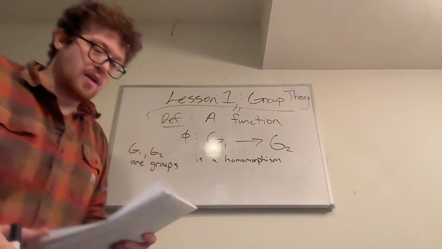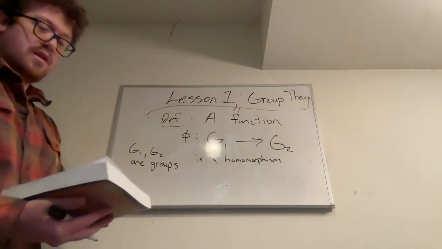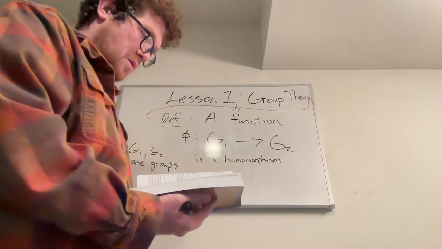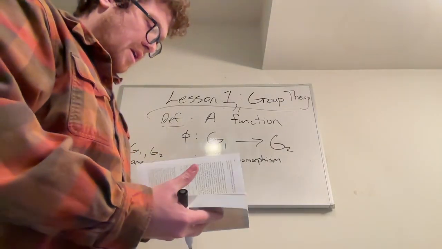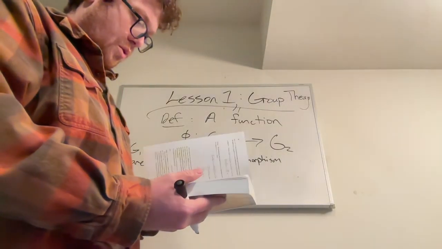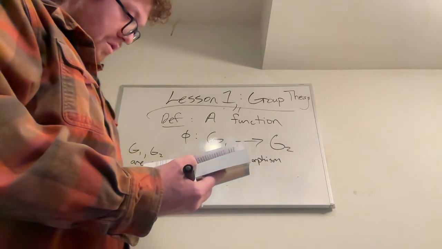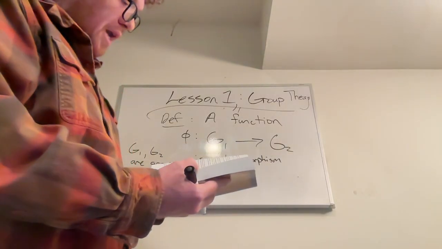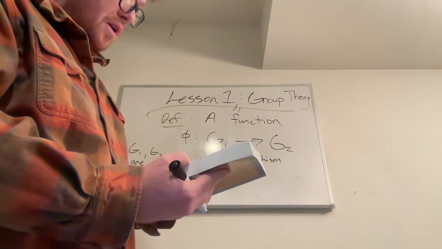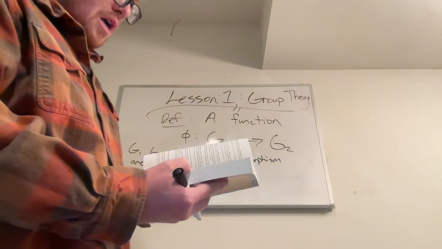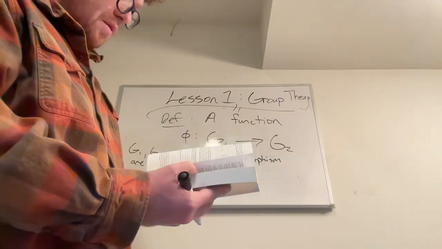Actually, let me take the exact entry from Jacobson, because I didn't write this down. So this is like page, let's see. Yeah, so Cayley's theorem is 1.3 on page 36, and this should be right before that, I'm assuming.